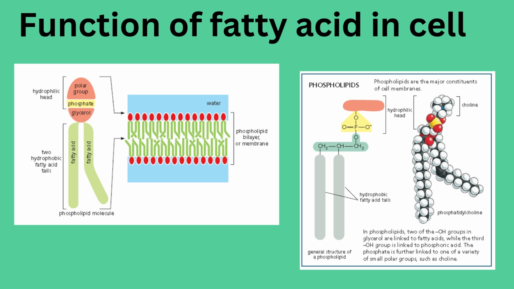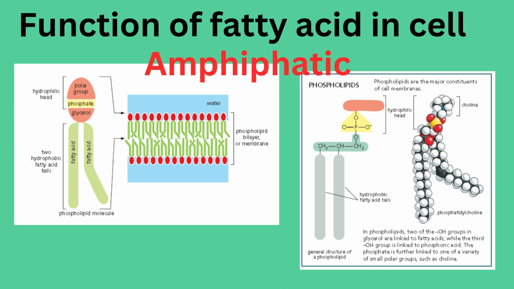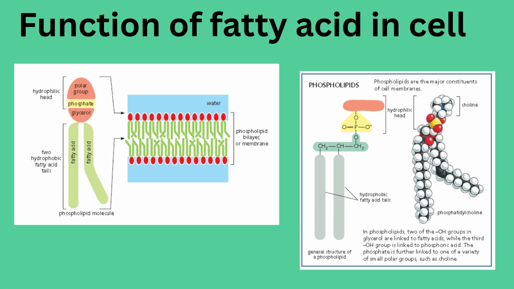The remaining hydroxyl group on the glycerol is linked to a hydrophilic phosphate group, which in turn is attached to a small hydrophilic compound such as choline. With their 2 hydrophobic fatty acid tails and hydrophilic phosphate-containing head, phospholipids are strongly amphipathic. These characteristics of amphipathic composition and shape give them different physical and chemical properties from triacylglycerol, which is predominantly hydrophobic.